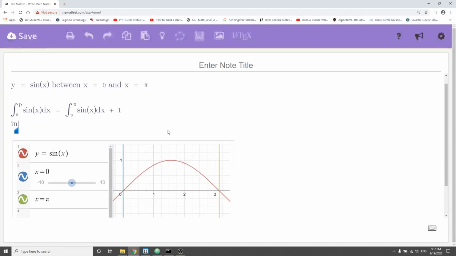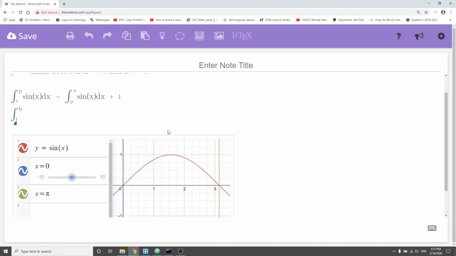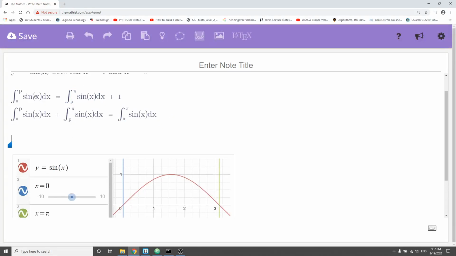We also know that the area from 0 to p plus the area from p to pi is the same thing as the area if we were to just do from 0 to pi, right? So we can actually plug in some of these equations into this other equation. This one says that the integral of sine of x dx from 0 to p is equal to this.